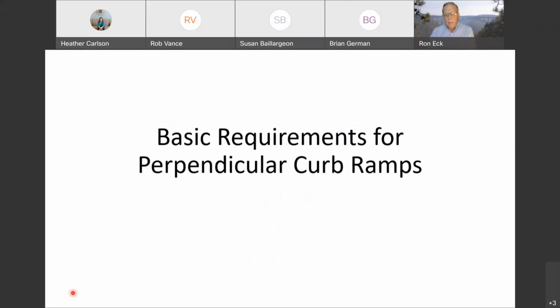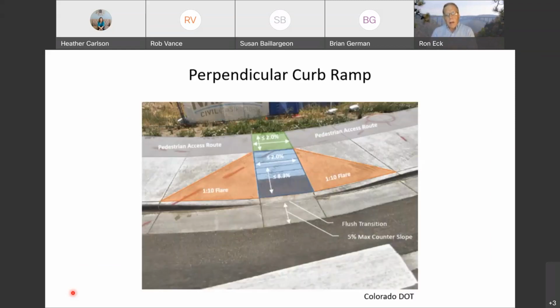And now, with that background, let's look at the basic requirements for perpendicular curb ramps. I've broken this down into some steps, and obviously you can do these in whatever order you'd like, but you'll see my steps are 1, 2, 3. Again, just for review, this is a typical perpendicular curb ramp. Notice the ramp here is this bluish feature in the center. The darker gray would be the detectable warning surface. We have a level landing at the top.